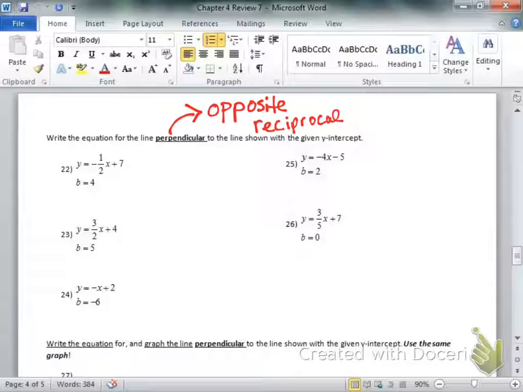What is an opposite reciprocal? You have to do two things to make something opposite reciprocals. Change the what? No? We're only talking about slopes, so we're only talking about m. What do you do to the m?